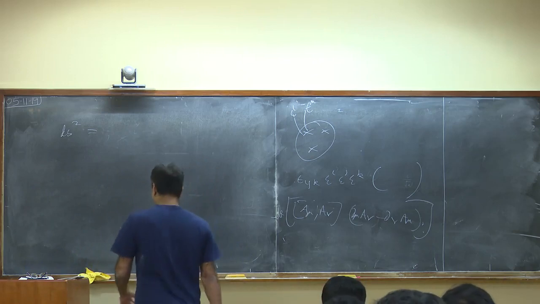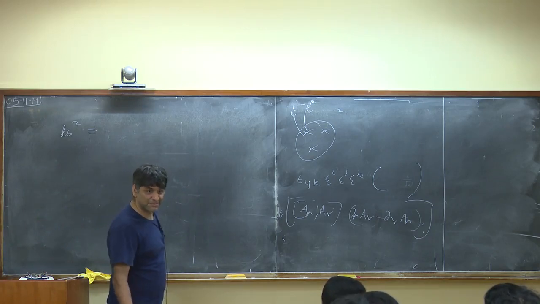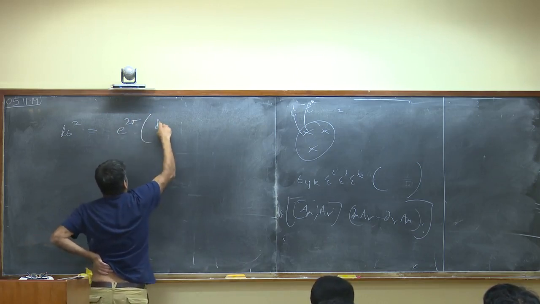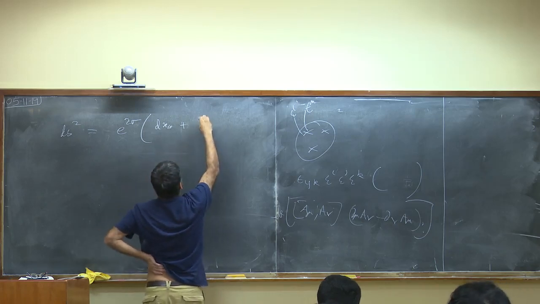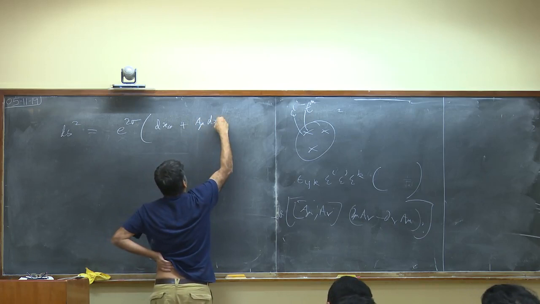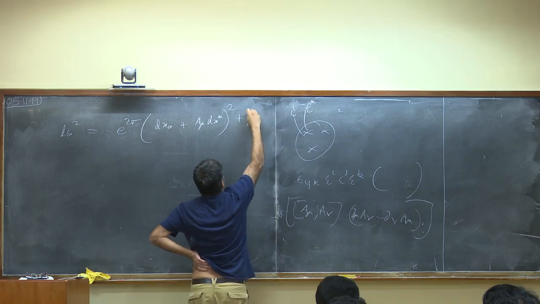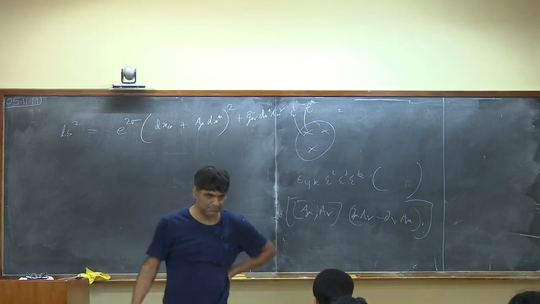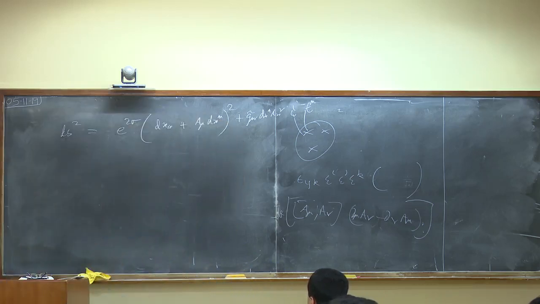Now, the most general such configuration, the most general such metric, can be written as follows: e to the power 2 sigma times (dx10 plus A mu dx mu) squared, plus g tilde mu nu dx mu dx nu. Here mu runs over all the other directions apart from X10, where sigma, A mu and g tilde mu nu are functions only of x mu but not of X10.